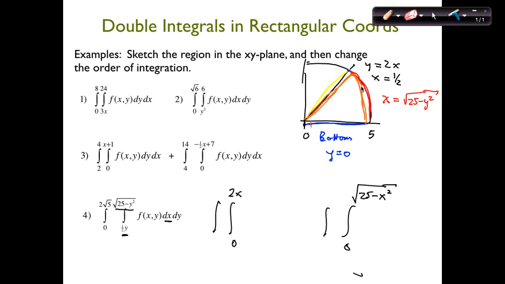I think 2 radical 5 is a y value, so this x is radical 5. So when x goes from 0 to radical 5, that's when the top is 2x. When x goes from radical 5 to 5, that's when the top is the circle, the square root of 25 minus x squared. So there it is. dy dx.